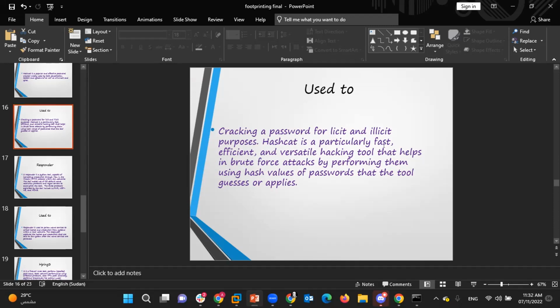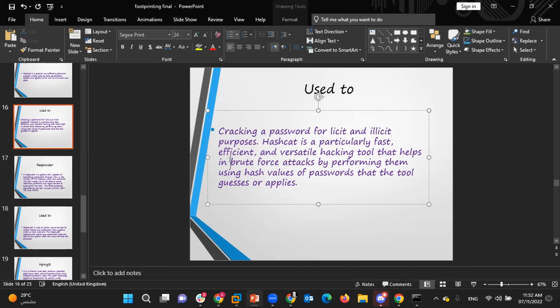Hashcat is particularly fast to use, and it also helps the hacker in a brute force attack. How? By working with the hash values of passwords that the tool guesses. It guesses the password and gives the hash file to the attacker, so it helps them in brute force attacks.